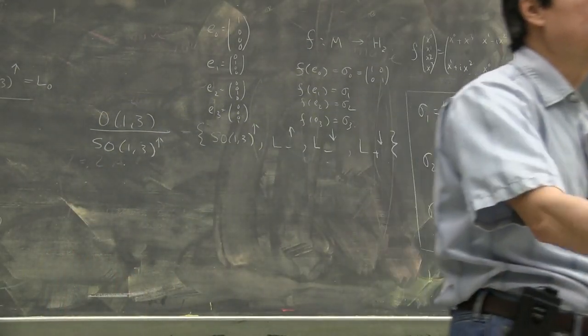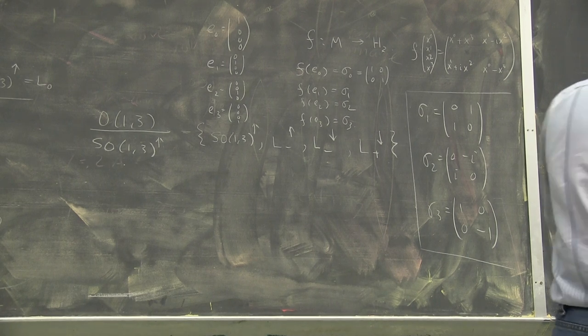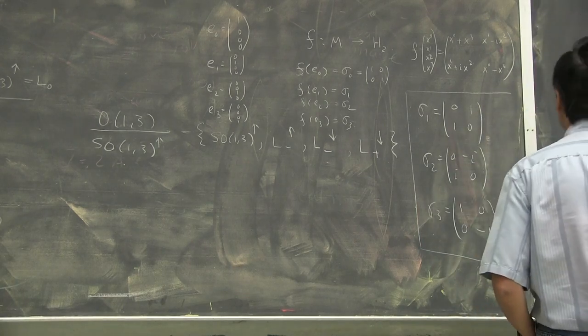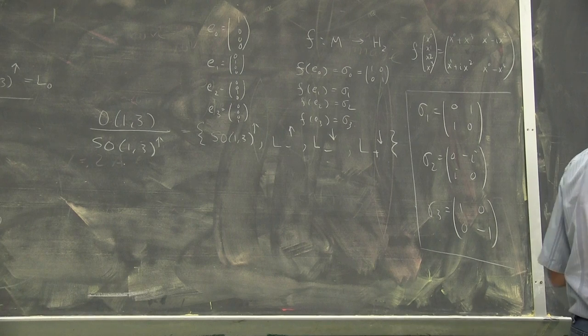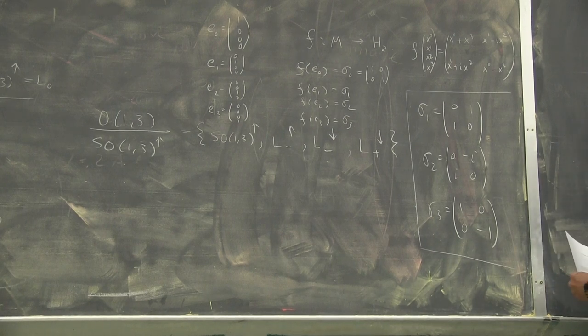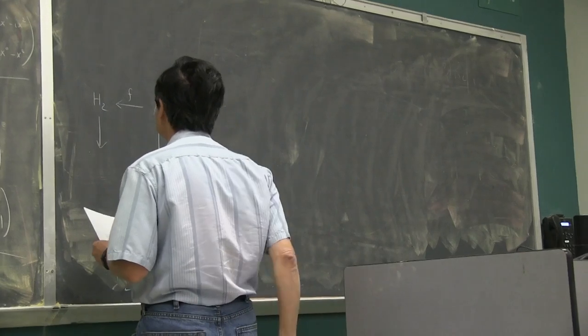Mainly the spin vectors are the 2-dimensional vectors that we consider in quantum theory. Okay, so we then have the following picture: there's a map F which maps M to H2, and then we consider the transformations.